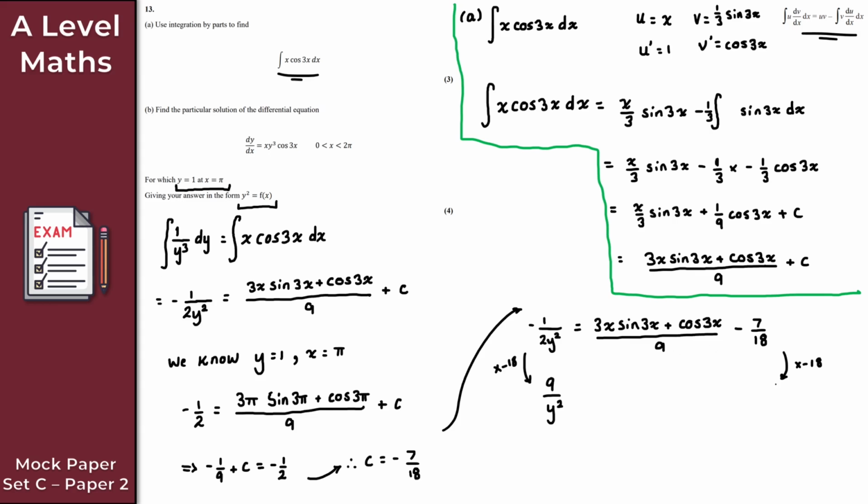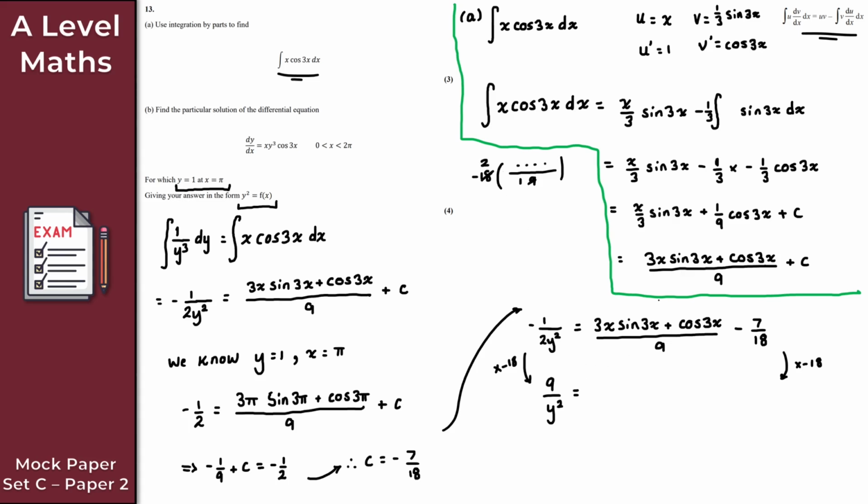So times it through by minus 18 here. What I'm going to get then is minus 18 times by this full fraction here. So I'm not really bothered about the numerator here. That's just some expression. But because I'm dividing by 9 here, this will cancel to minus 2. This just cancels to 1.